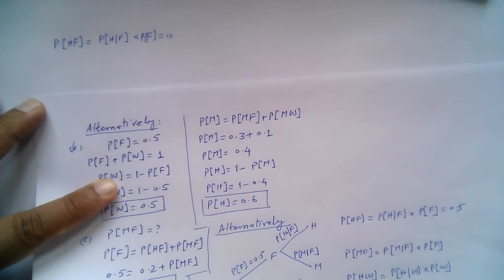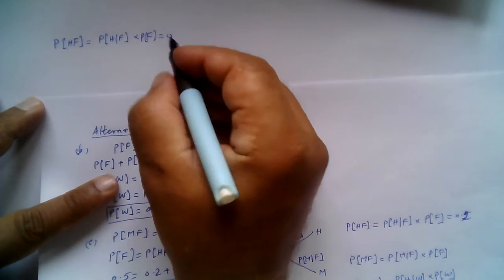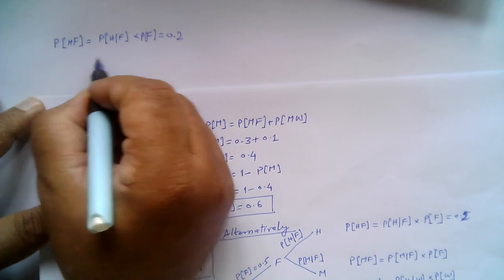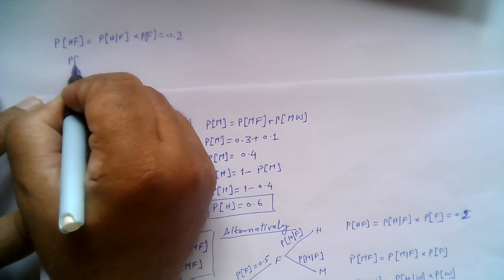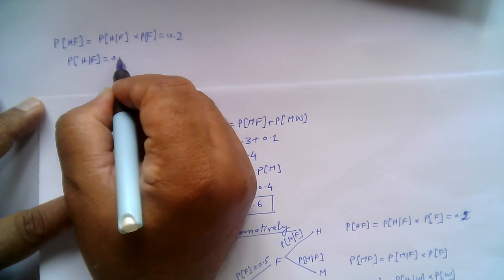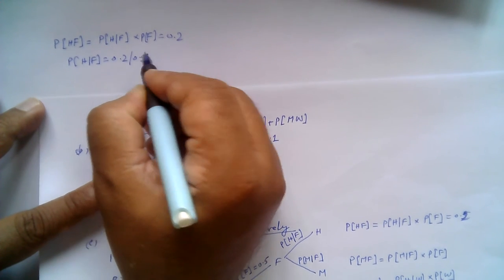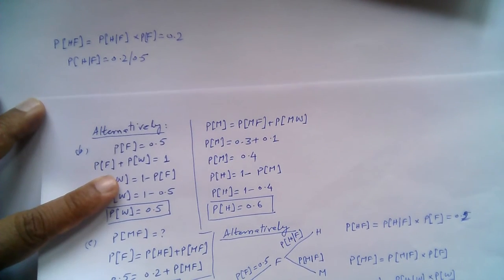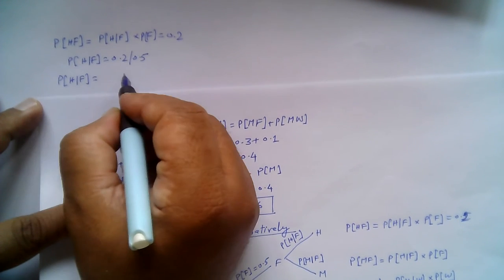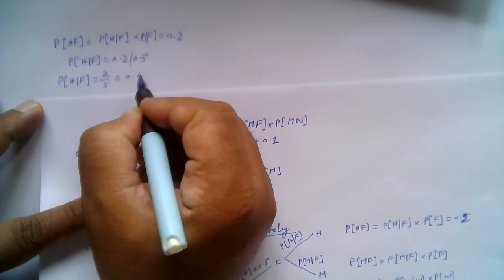So the probability of H given F is found to be 0.2 divided by 0.5, which is 2 over 5, or 0.4.